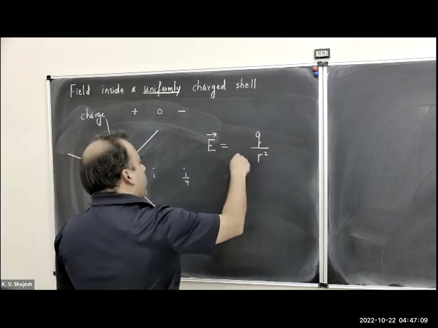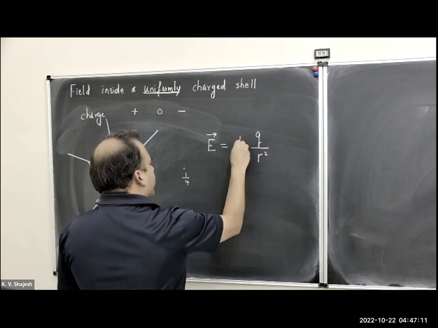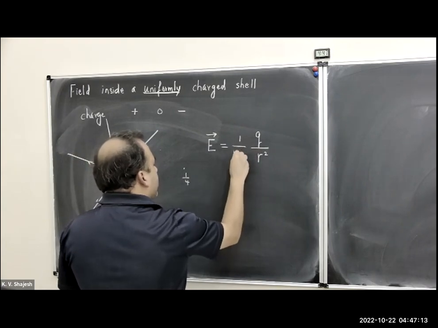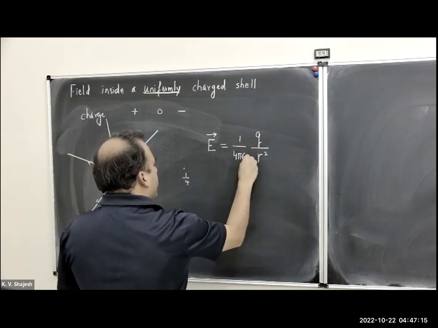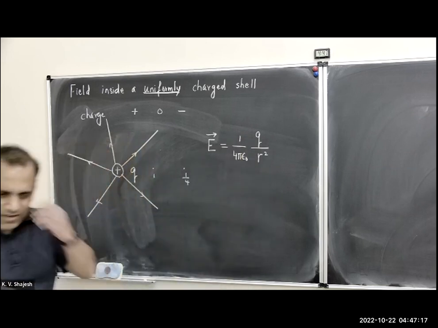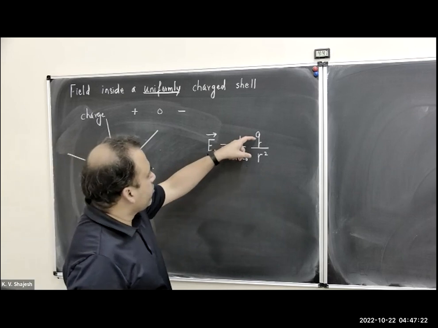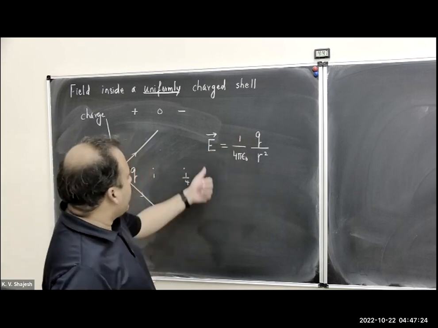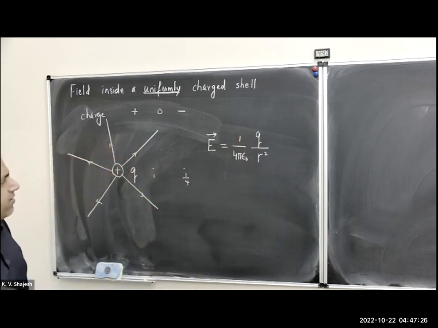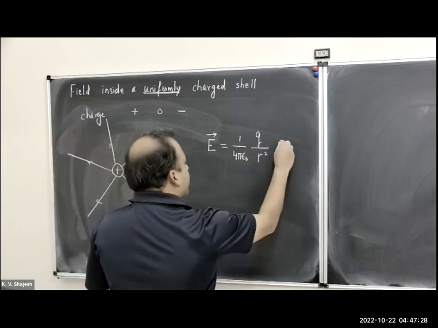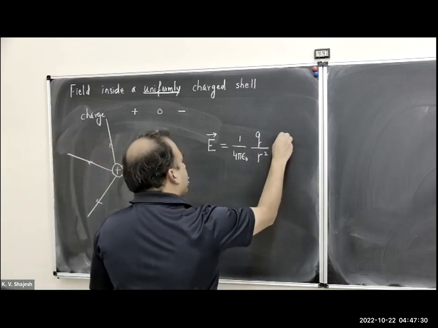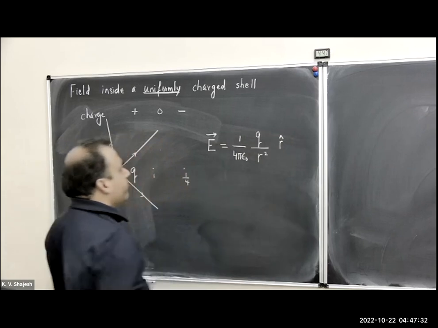There's also a constant in between, which has the properties of vacuum in it. But for our purposes, that's just sitting there. It is going to be a spectator. We just want to think in terms of Q and r squared. The left-hand side is a vector, so the right-hand side should be a vector. So there is a direction associated with this electric field at every point.